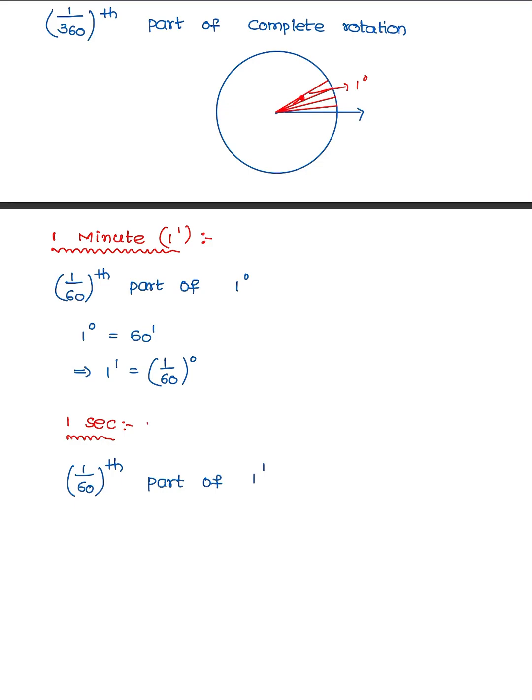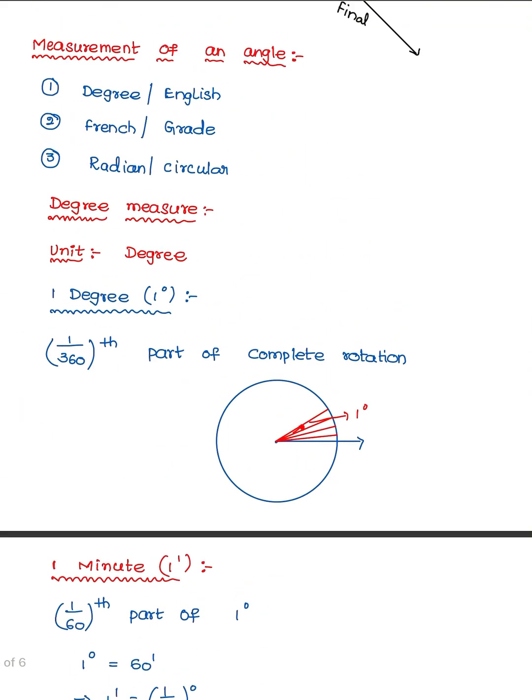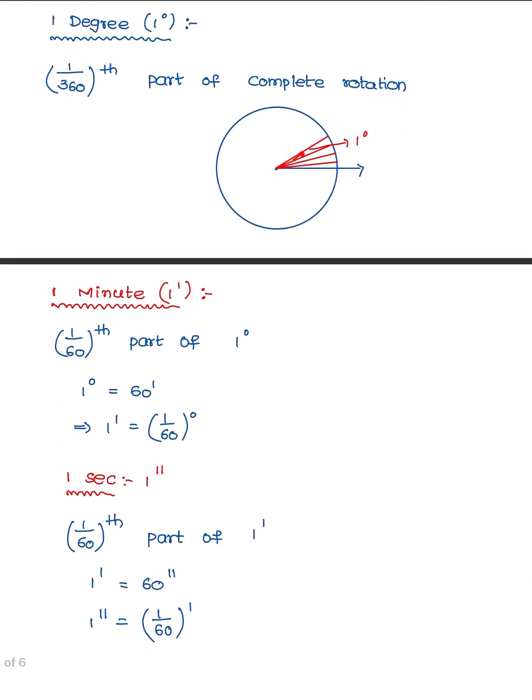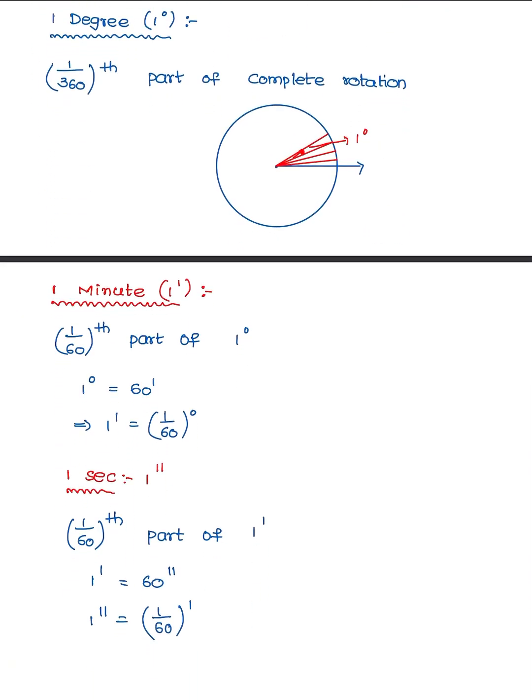So 1 second we write like this. A few note points we need to remember: 1 minute is equal to 60 seconds, and 1 second is equal to 1 out of 60 minutes. Hope you understood this concept, the degree measure and all its subunits: degree, minute, and second.